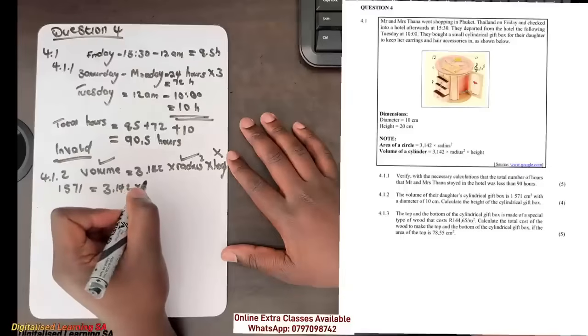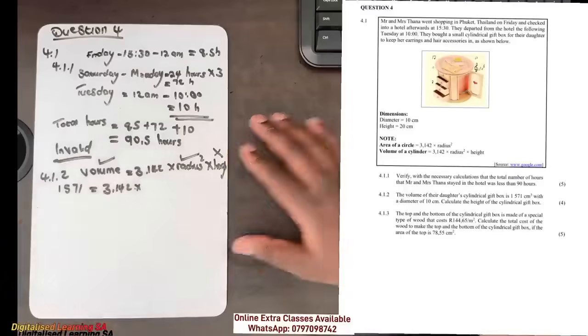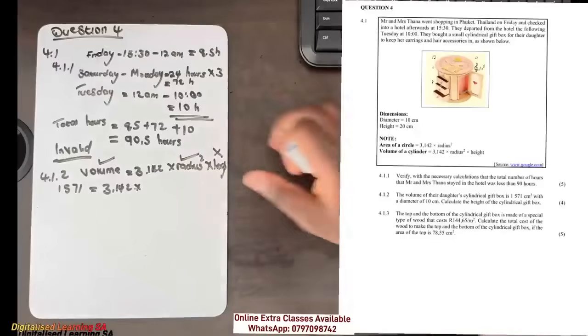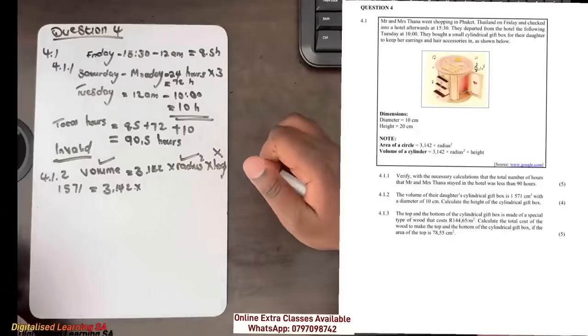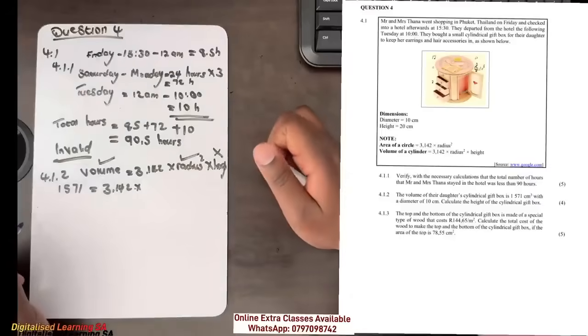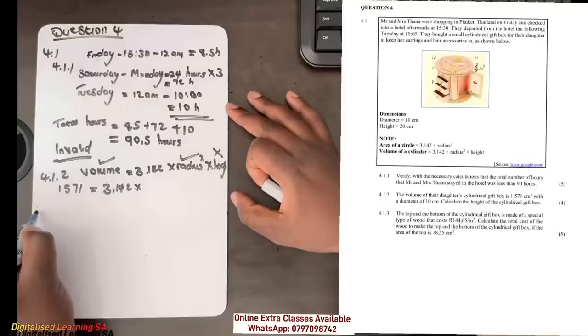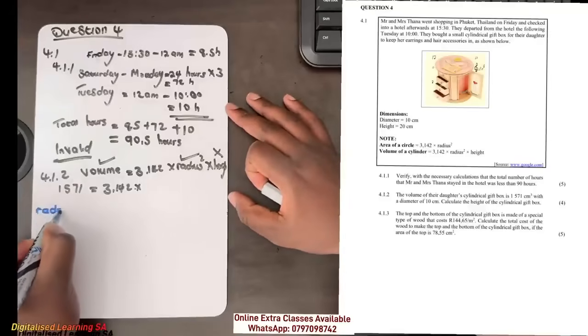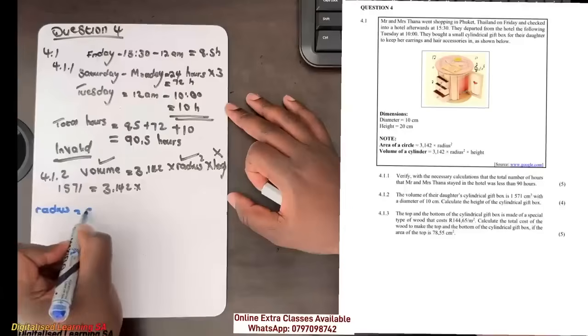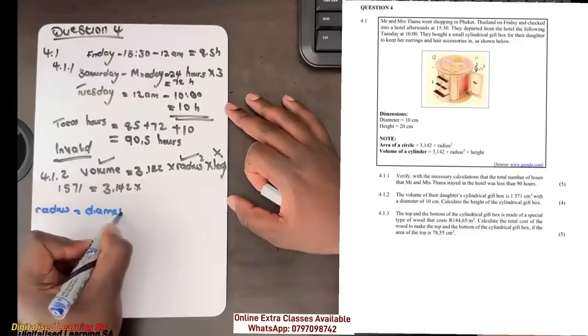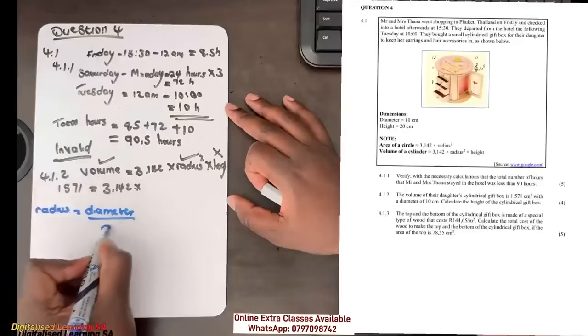Our radius will be 5, because we're not given the radius, we are given the diameter, but if we have the diameter we can get our radius. So radius is equal to diameter divided by 2.